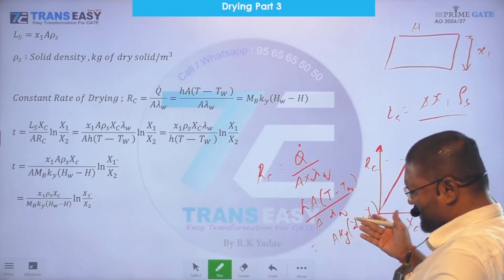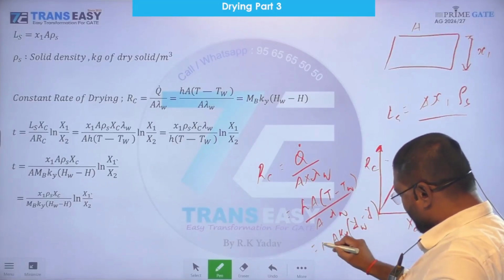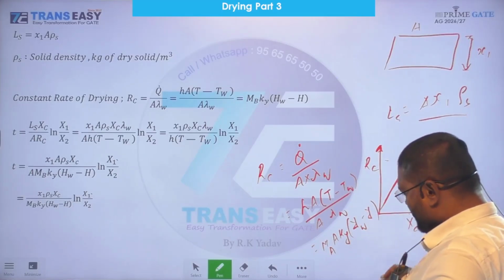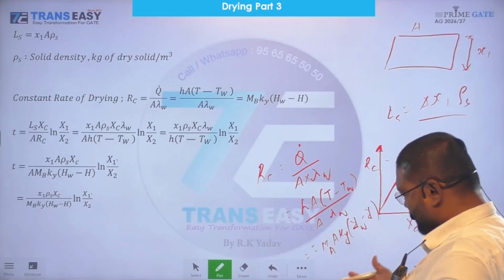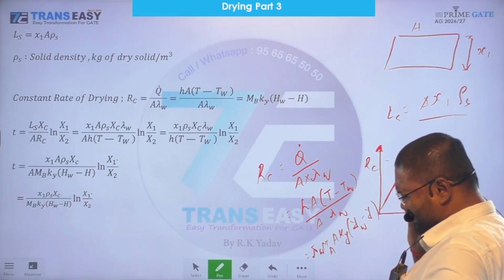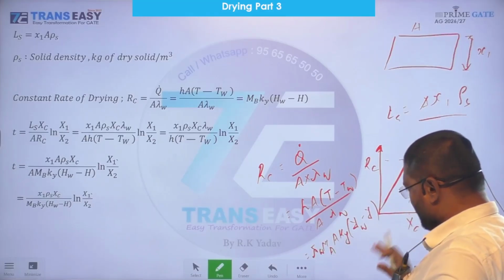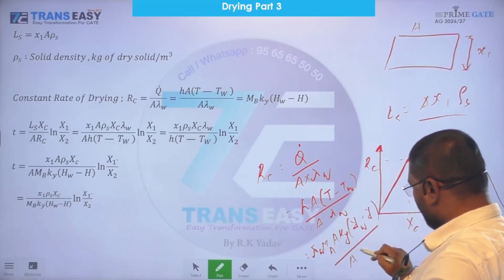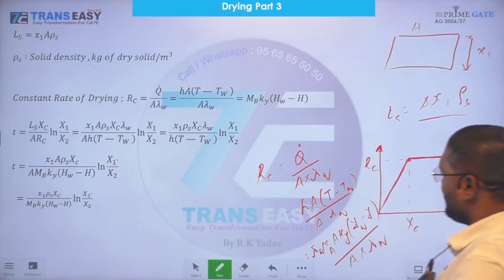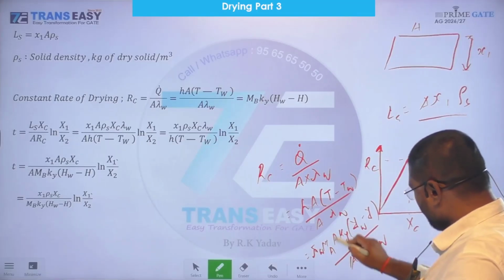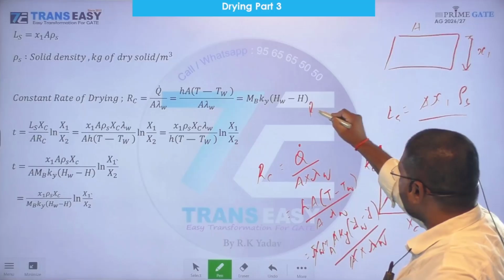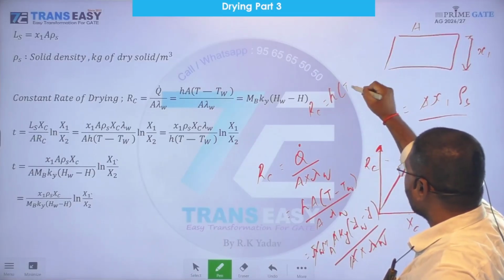This is the mole transfer rate, times the molecular weight of water vapor. This is kg per time, the mass transfer rate, and this is the latent heat of vaporization in kilojoule per kg. This is kilojoule per unit time heat transfer divided by A into lambda W. Right. So these cancel each other, and RC is H times T minus TW.